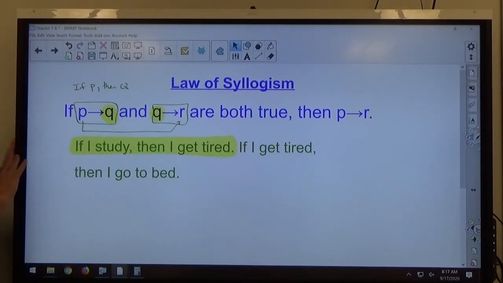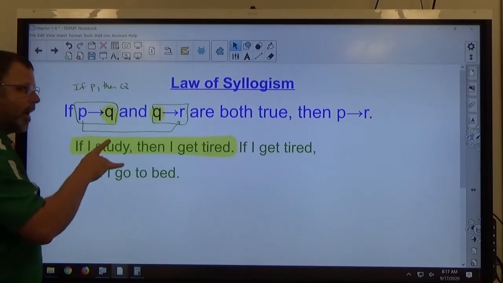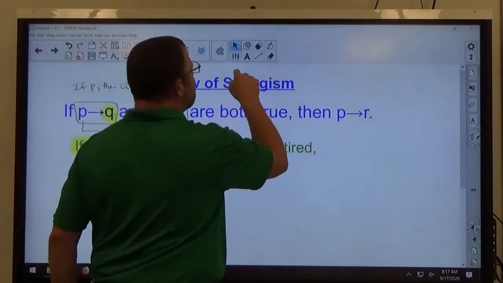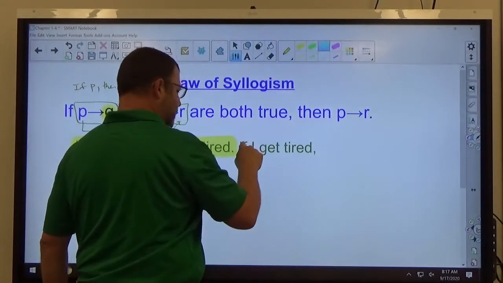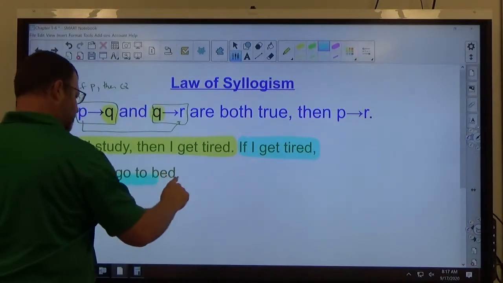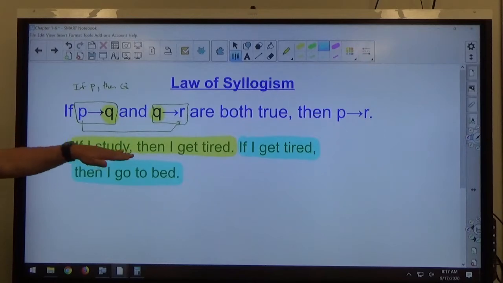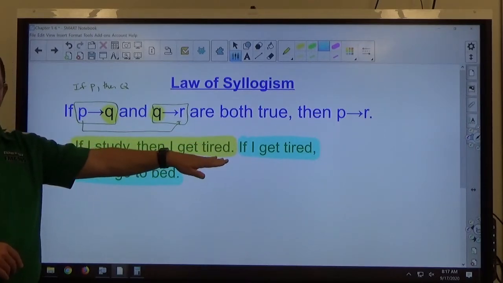If I study, then I get tired. You'll notice that we're assuming this to be true. And if it continues to be true, then we look at the second statement: if I get tired, then I go to bed. So conditional statement 1 says the P part, I study, leads to the Q part, I get tired.